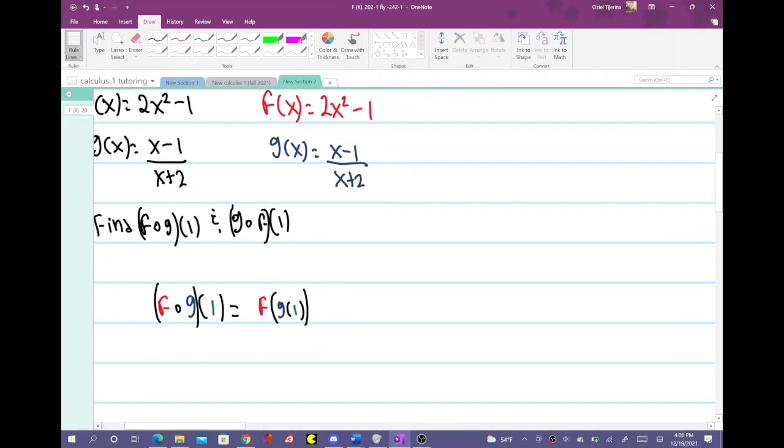To find g of 1, we need to evaluate it. So g of 1, and the reason why I'm using green is because I already used red.